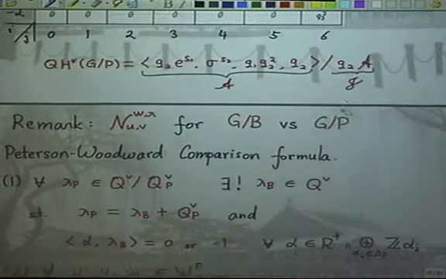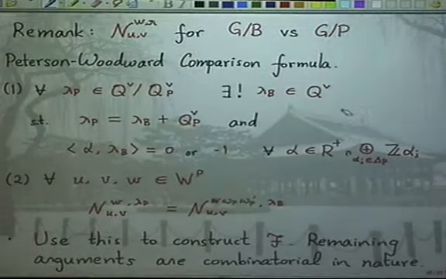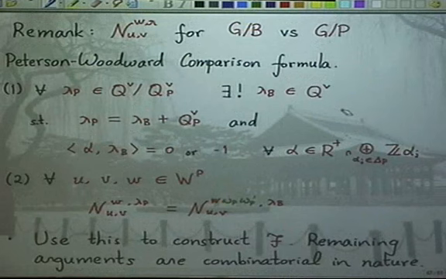And the key reason that this has a possibility of working, of course, we don't expect that to work for quantum cohomology in general.